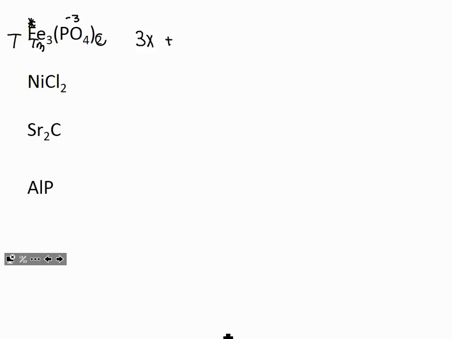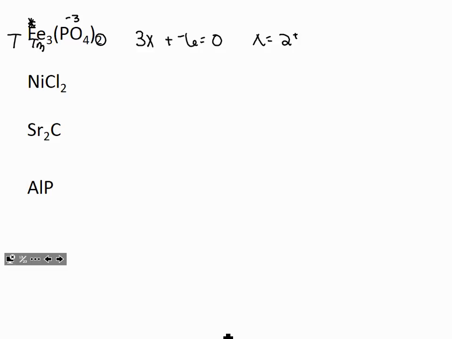And there are 2 phosphate ions. So -3 times 2 is -6. Charges always have to add together to equal 0 because electrons lost must equal electrons gained, and compounds are electrically neutral. So if we solve for X, X is going to be 2 positive.